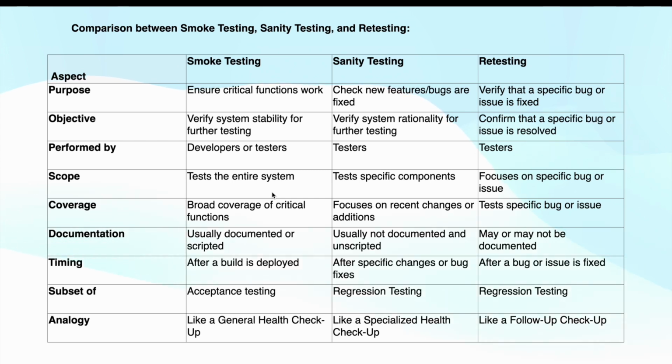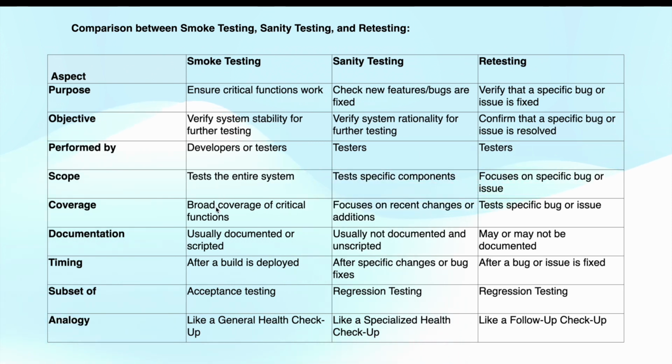Smoke testing tests the entire system to ensure the critical functions work. Sanity testing focuses on a specific component or functionality that has been modified or updated. Retesting focuses on testing the specific bug or issue that was previously reported.